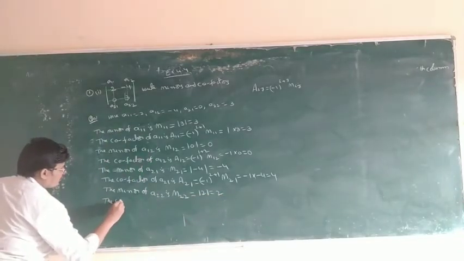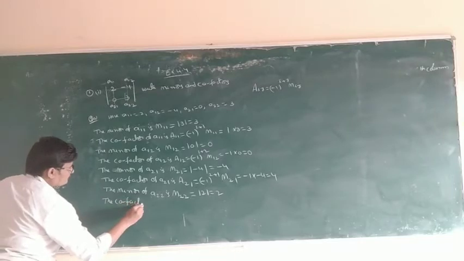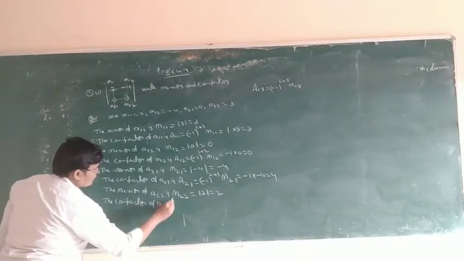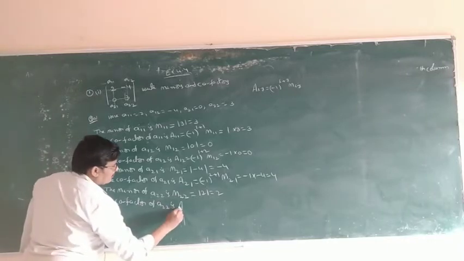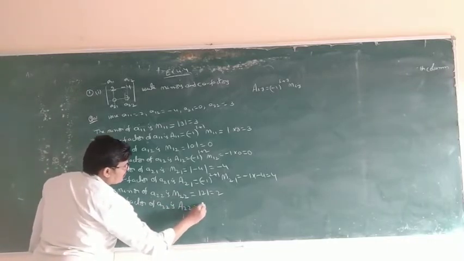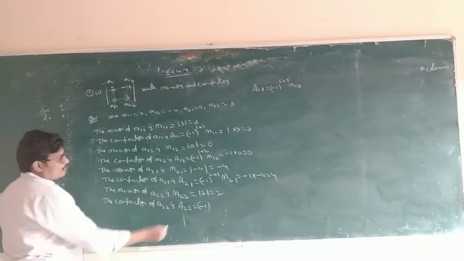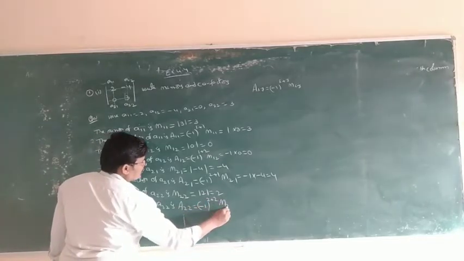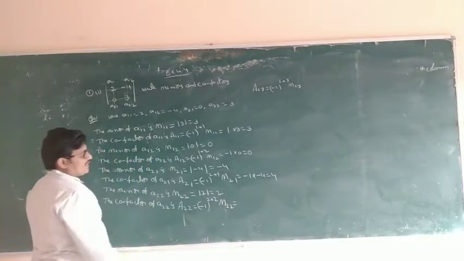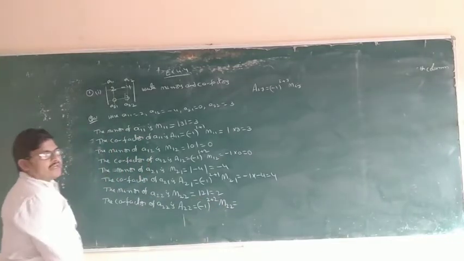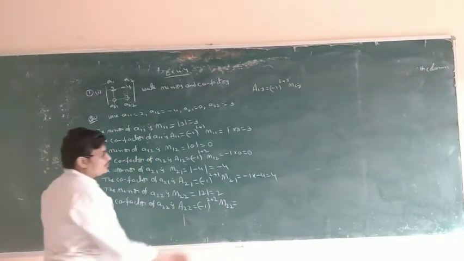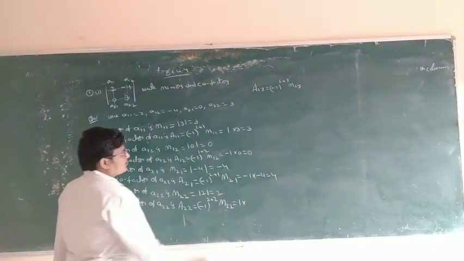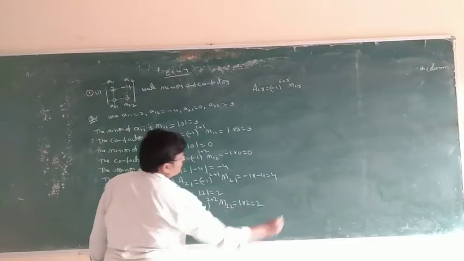So the cofactor of A22 is capital A22, which is equal to minus 1 whole power second row second column, 2 plus 2, into M22. Minus 1 whole power 4 is equal to 1, into the M22 value 2. So 1 into 2 is equal to 2.